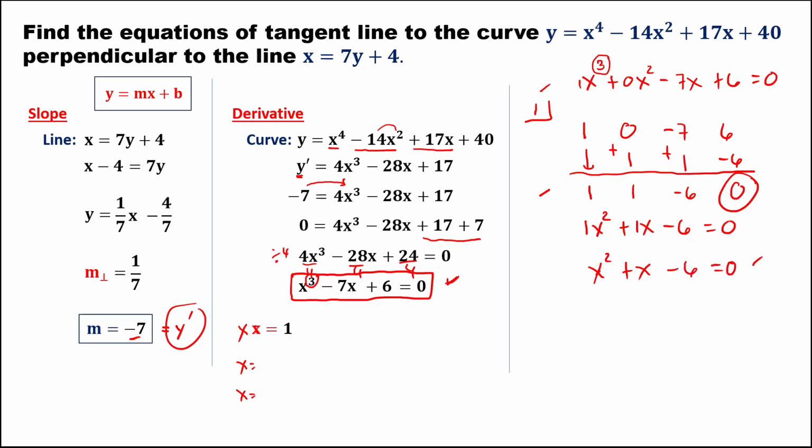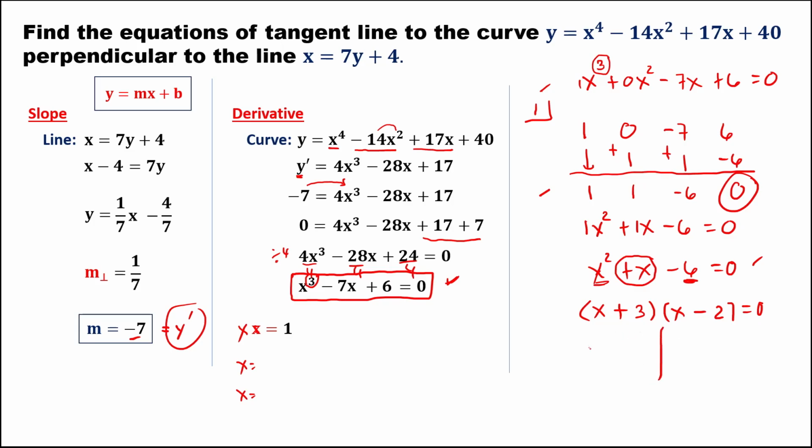Then from this quadratic, to find the roots, using quadratic factoring, x squared is x times x, and this negative 6, this one is 3 times 2. Since the middle term is positive, the bigger number must be positive.